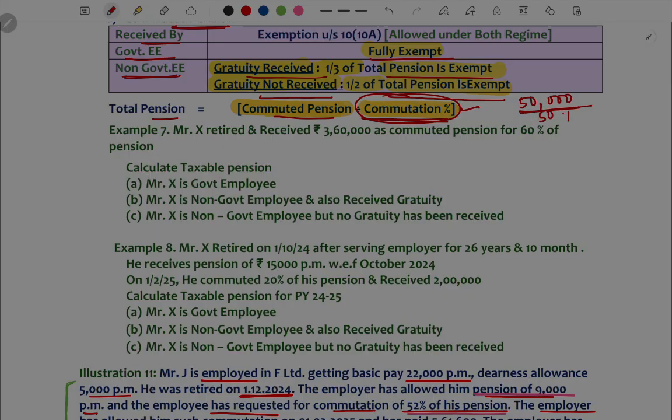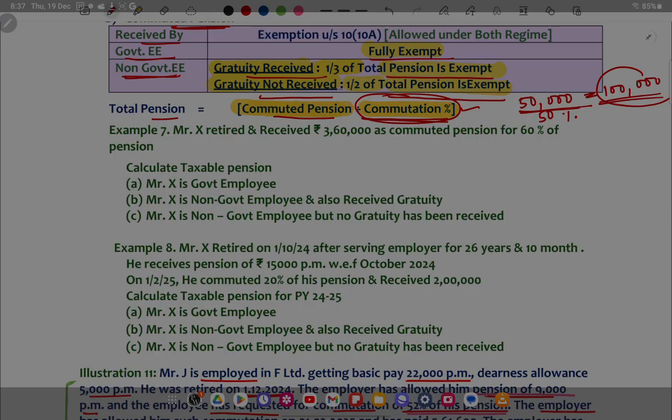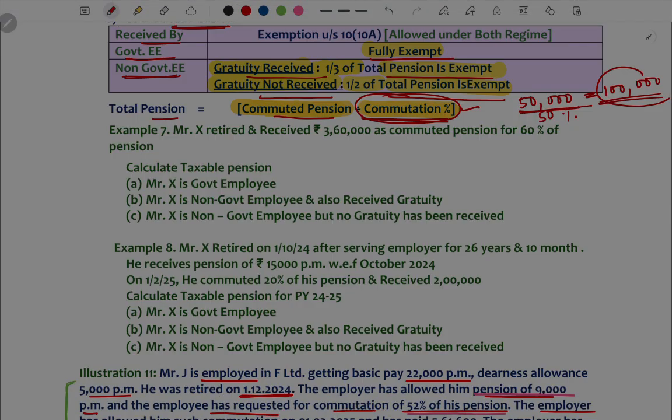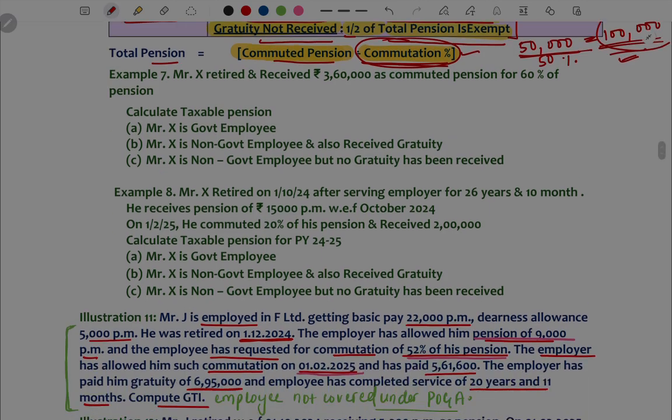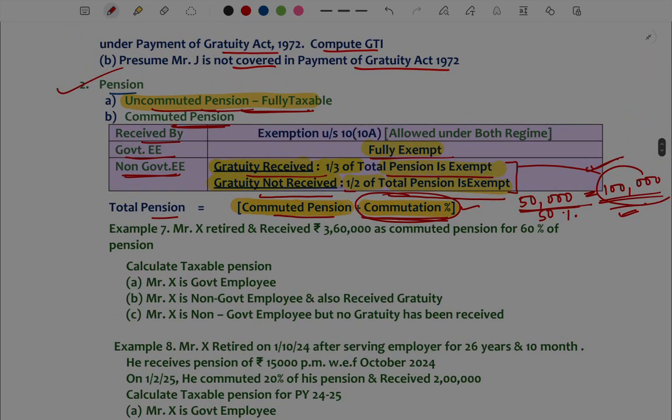So you divide by 50%, and with simple math you get 1 lakh, which is the total pension. You will get exemption on this total pension: 1 by 3 of 1 lakh or 1 by 2 of 1 lakh will be exempted. During retirement, 1 by 3 of total pension or 1 by 2 of total pension will be exempted.